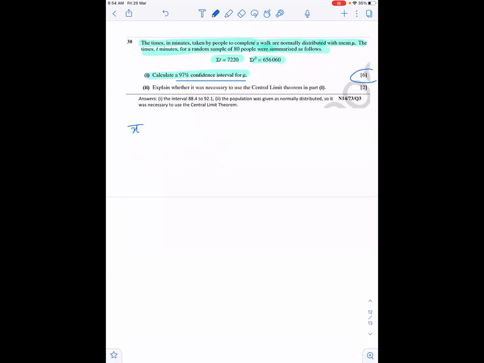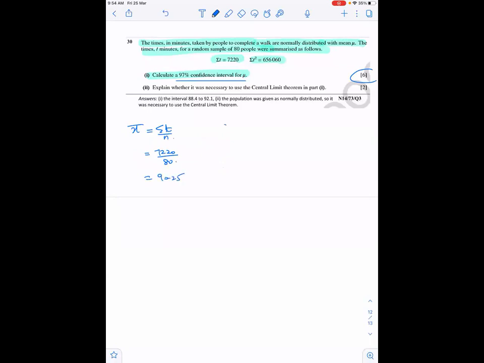Okay, the unbiased estimate of the mean would be summation t upon n. Summation t is 7220 divided by the value of n, which is 80, the sample size. So I'm dividing 7220 by 80 and I'm getting 90.25.